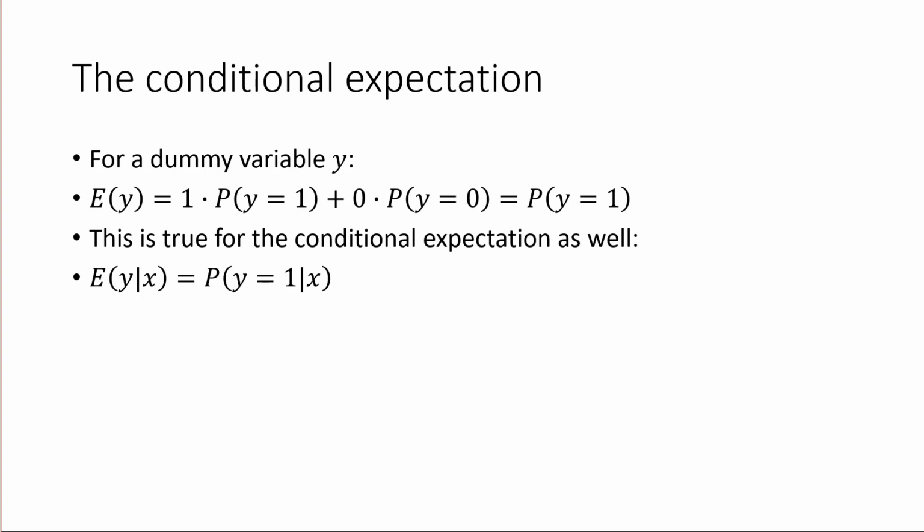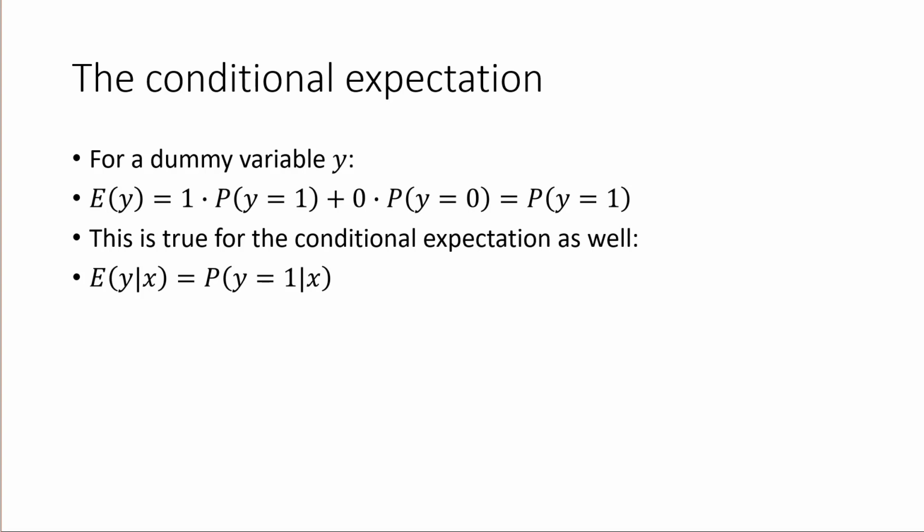For example, if a given student has a 72% probability of passing this exam, given the x variables related to that student, that is, suppose that the right hand side is 0.72, then the expected value of y is 0.72 as well.